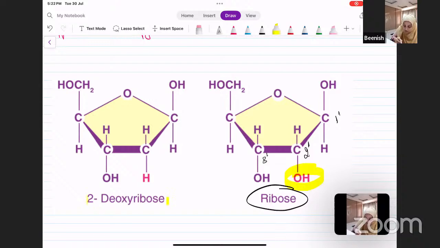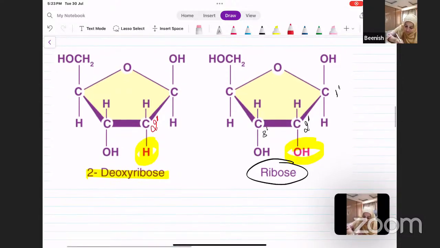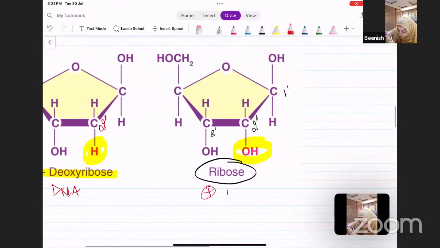Whereas in deoxyribose at the 2' position, the hydroxyl has been deoxygenated and you only have hydrogen. That is the difference between ribose sugar and deoxyribose sugar. Your DNA has deoxyribose sugar, and ribose sugar is present in RNA. Okay, so that was about the sugars.